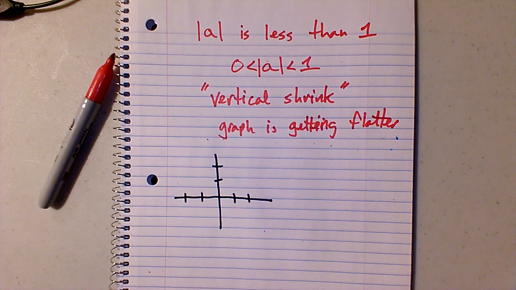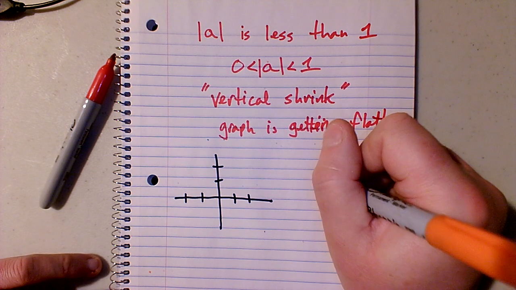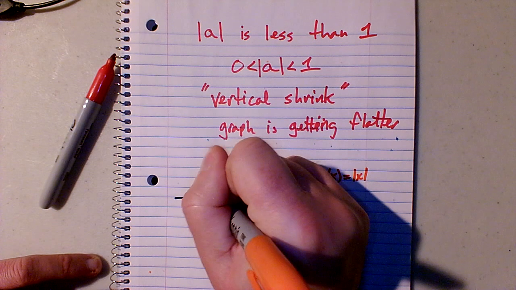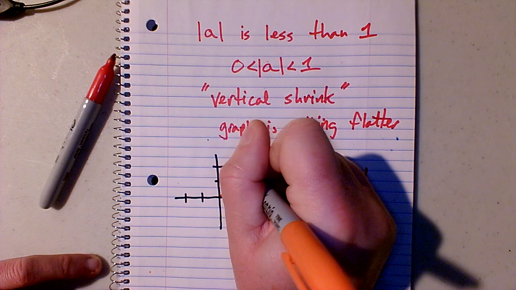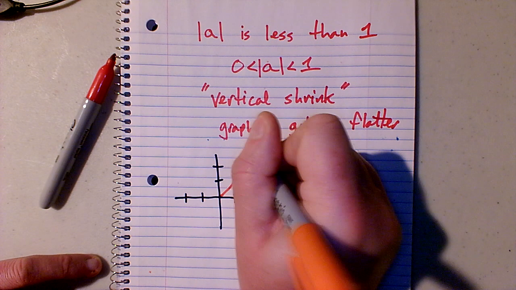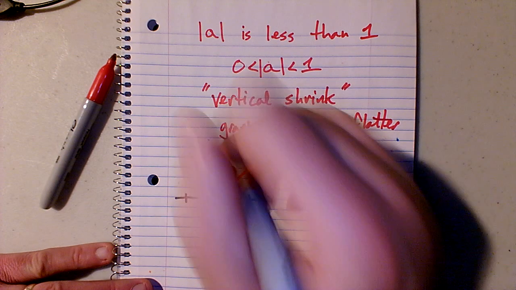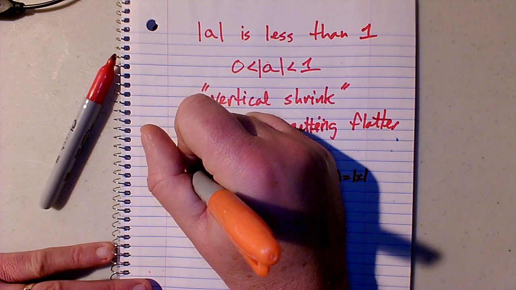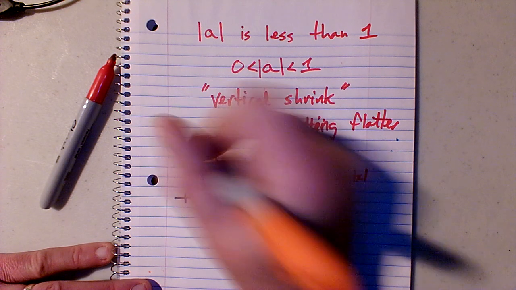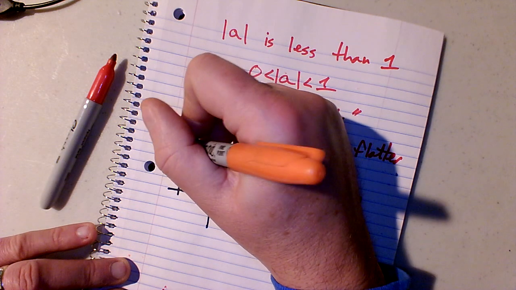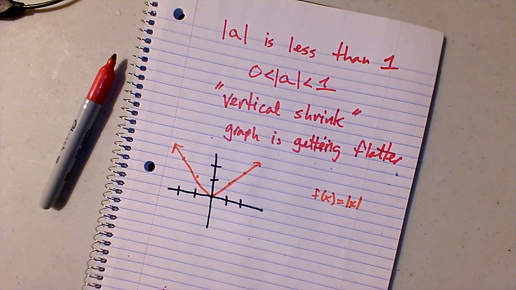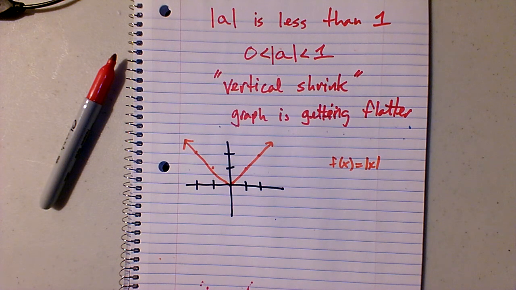Alrighty. I'm going to graph my parent function, f of x equals absolute value of x. So the right side goes off in the positive direction with a slope of positive 1. My left side goes off toward negative infinity with a slope of negative 1.